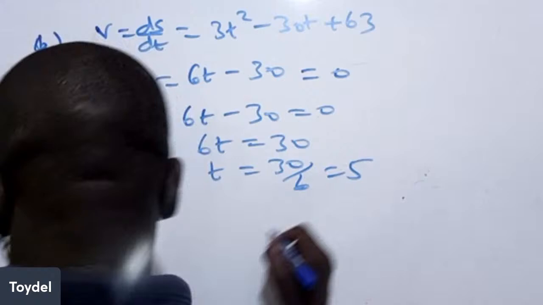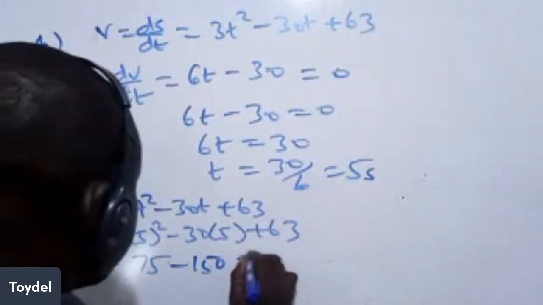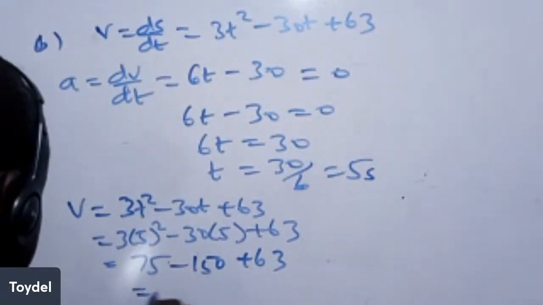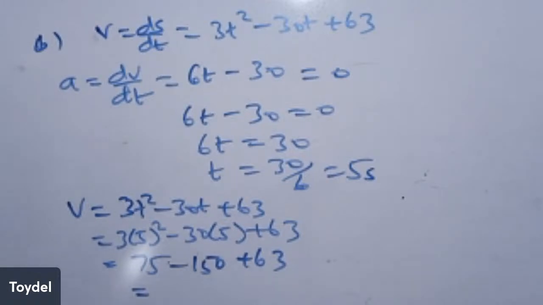So t will be equal to 5. For the velocity, here we are going to have 75 minus 150 plus 63. The velocity is 3t squared minus 30t plus 63.